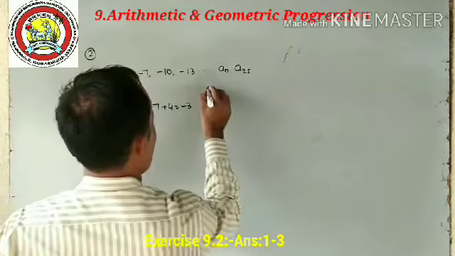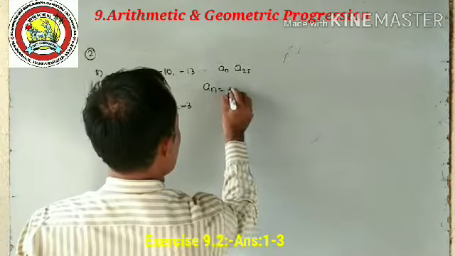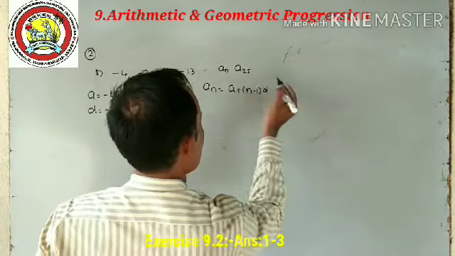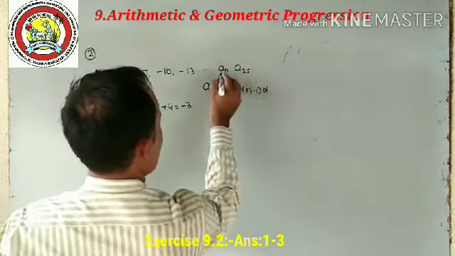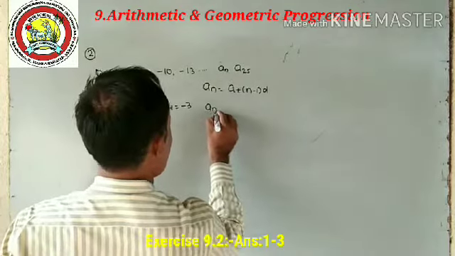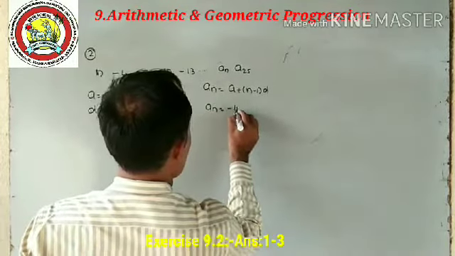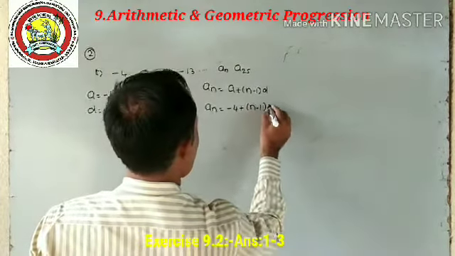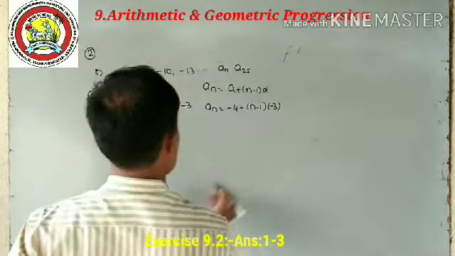Next, what is the formula? An is equal to A plus (n minus 1) into d. So first find the value of An. A value is minus 4 plus (n minus 1), d value minus 3.